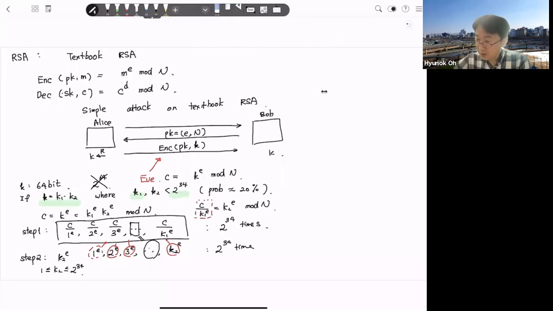For instance, this is x to the e, and this is C over y to the e. So these are equal: C over y to the e is equal to x to the e. Even without knowing in advance what x and y are, if Eve computes everything, that means C is x times y, to the e.